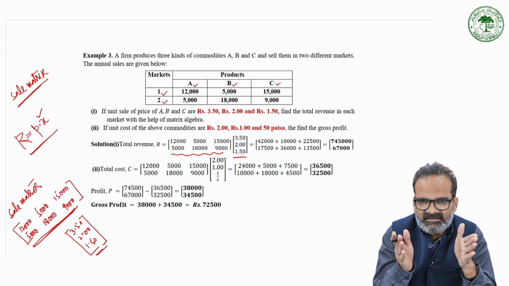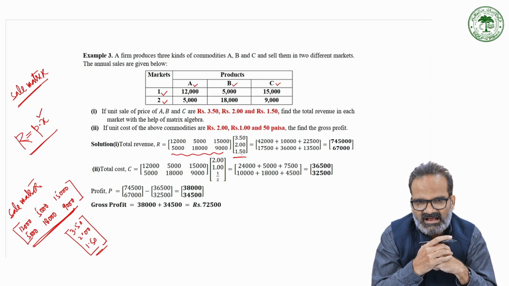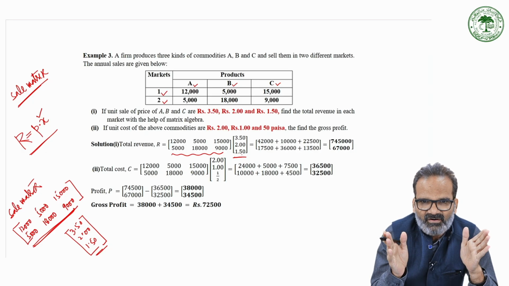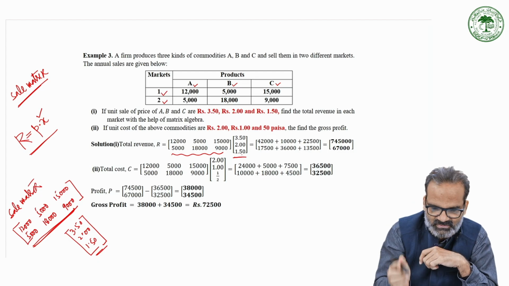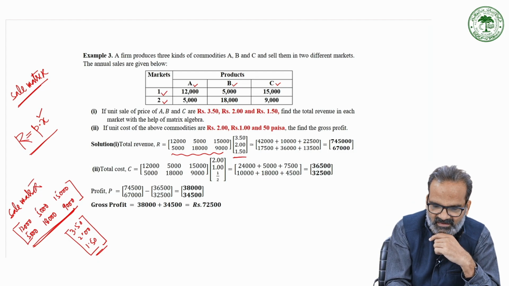Multiply these two matrices and you get the resultant matrix as the total revenue generated by each of the markets 1 and 2. So 12,000 multiplied by 3.50, you will get this, and then 5,000 multiplied by 2, you will get 10,000. 15,000 multiplied by 1.50, you will get this.